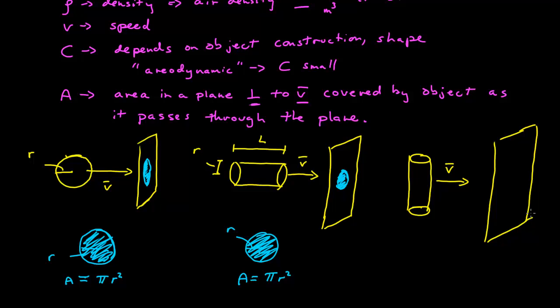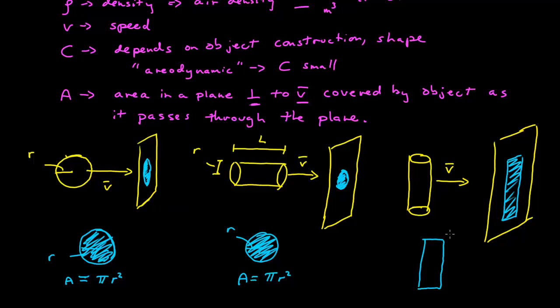And now as it goes through a plane perpendicular to its velocity, what sort of area does it cover? The area that it covers is a rectangle.